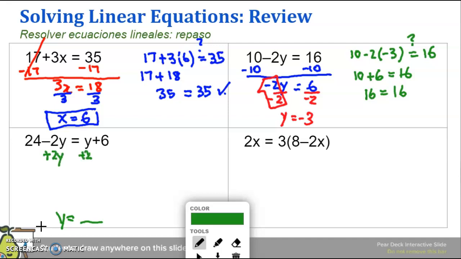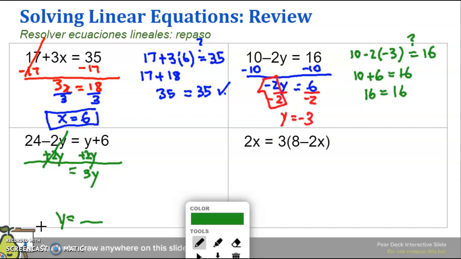Notice that I am putting it under the y's with y's because they are like terms. I should not put it under the number because you can't add those two, whereas I can add y with 2y, and I would get 3y here. And negative 2y plus 2y has now gone away, and that's what we were hoping for. We were hoping to get the variable y on just one side.